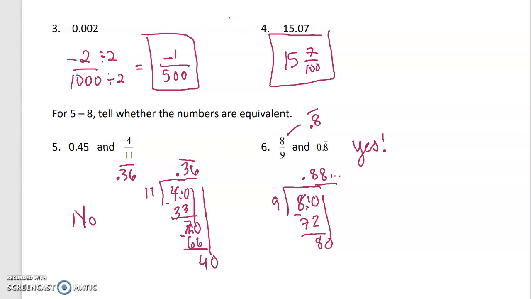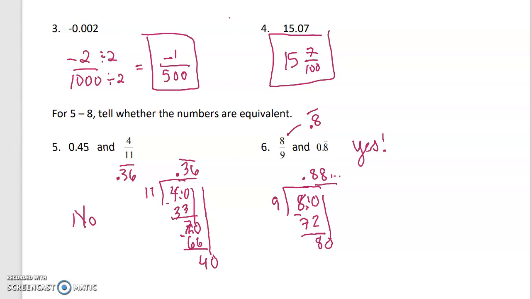And because the 40 was the number I saw in the beginning of the division, both the 3 and the 6 are going to repeat. Again, if you get a little confused about that, you can just go ahead and divide out a couple more places and make sure it works out. And so no, 45 hundredths is not equivalent to 4 elevenths, because 4 elevenths is equivalent to 0.36 repeating.